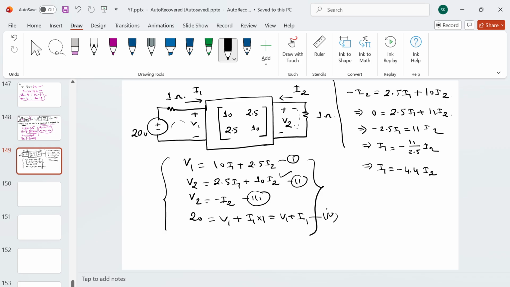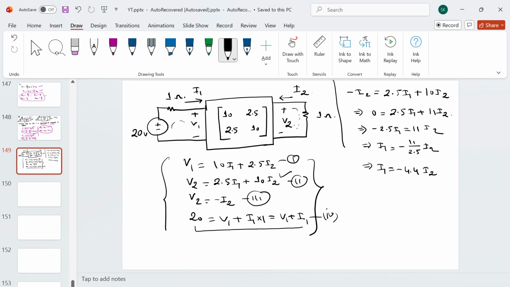This I have. Now what can I do? This equation is okay. I need to get a relationship between I2 and some other things. From here, do I have anything? Maybe I have the relationship V1 plus I1 equals 20 volt.